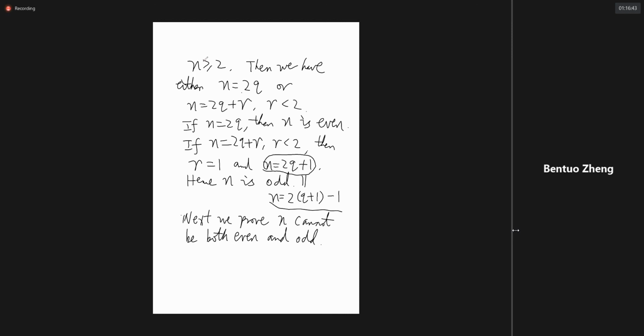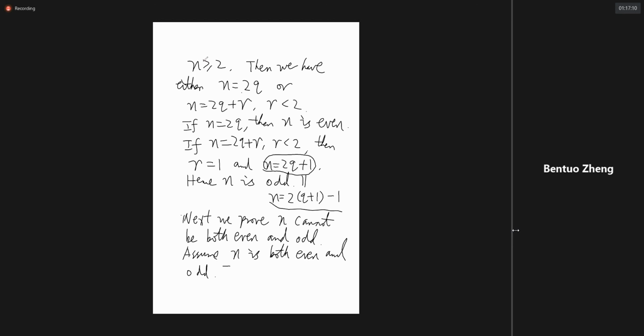Okay, so we will prove this using the third method. That's the proof by contradiction. We assume n is both even and odd.